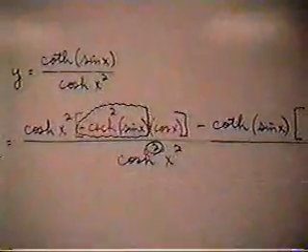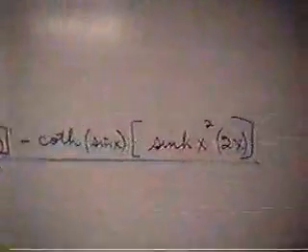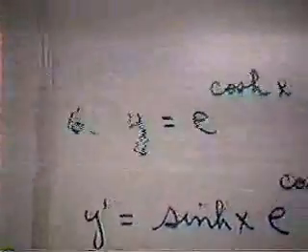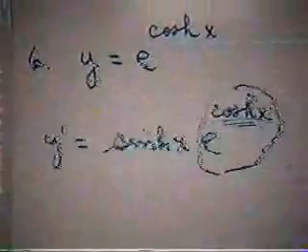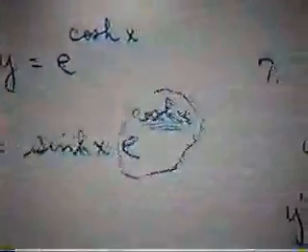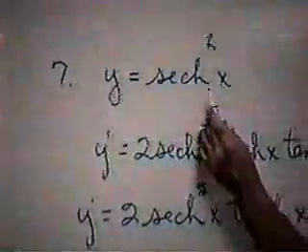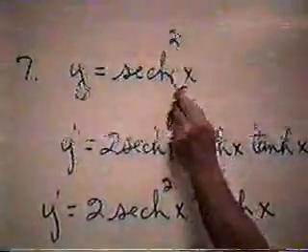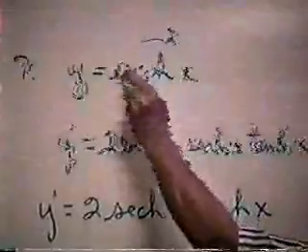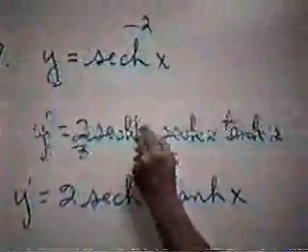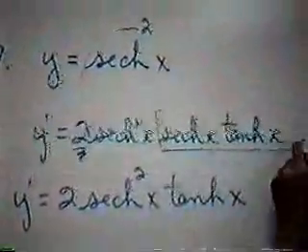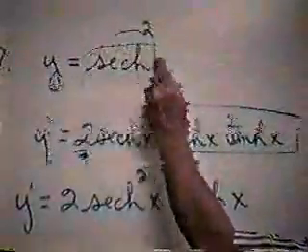All right. Now let's look at number 6. We have e to some power. The derivative of e is itself, so there's e to that, times the derivative of the power, which is positive hyperbolic sine of x. All right, let's look at the next example. Hyperbolic secant squared. Power rule, move the 2 down to the 1st power, then times the derivative of the hyperbolic function.